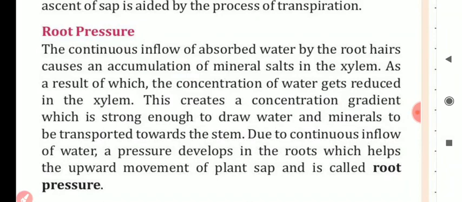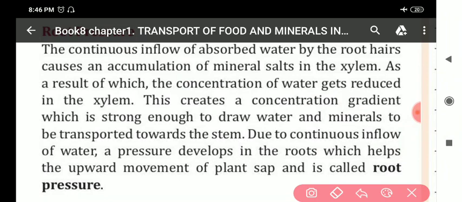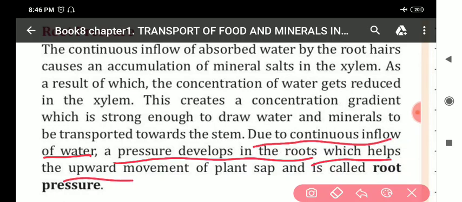Due to continuous inflow of water, you have to pay attention, a pressure develops in the roots which helps the upward movement of plant sap, and this is called root pressure.